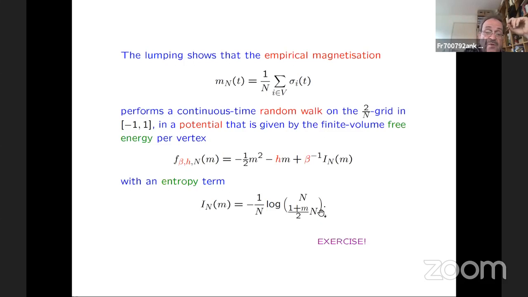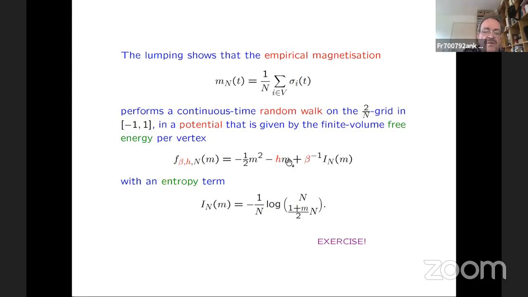And it's a very simple computation when you go down from this big spin space to this one-dimensional magnetization space, that this is the factor that comes about.